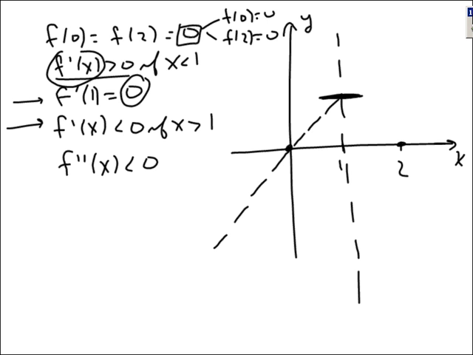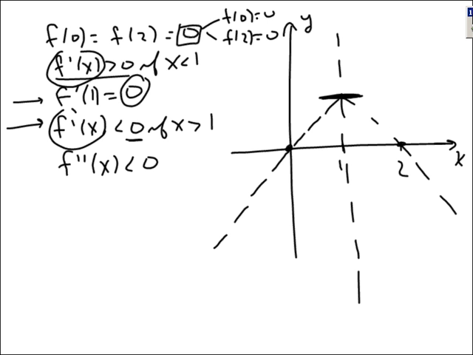And this next line says the slopes are less than 0 if x is more than 1. It's negative slopes. And I have to cross at 2. And I really should be dashing this line.